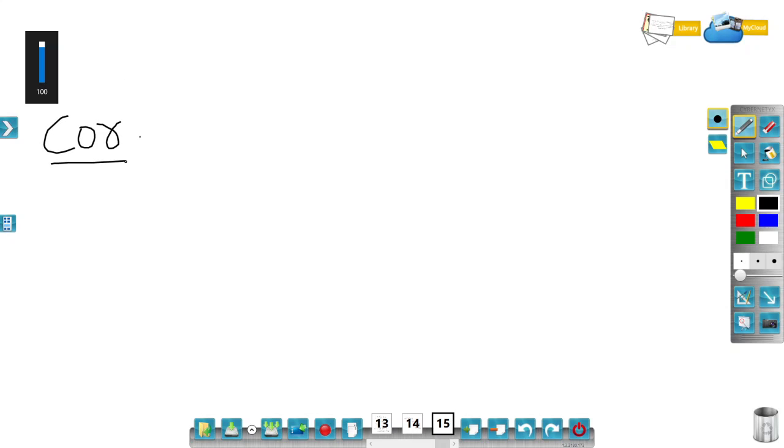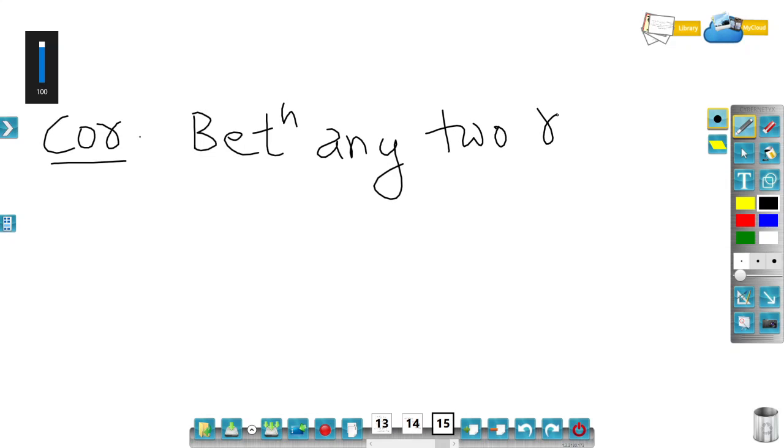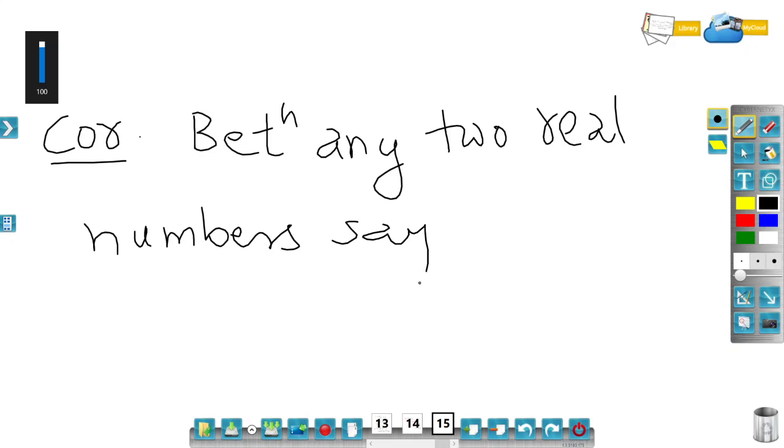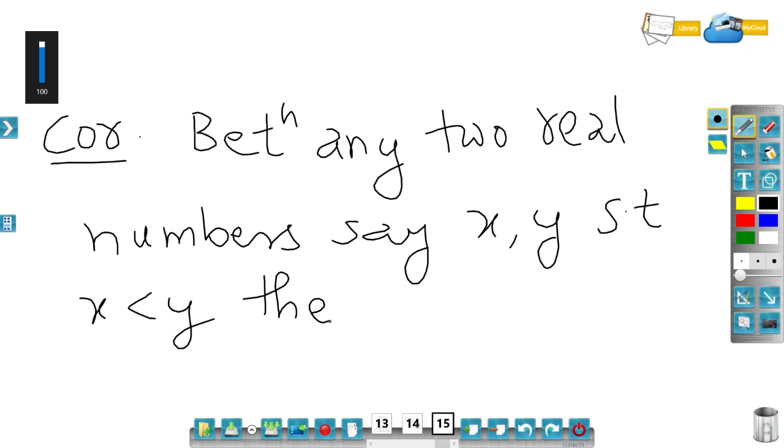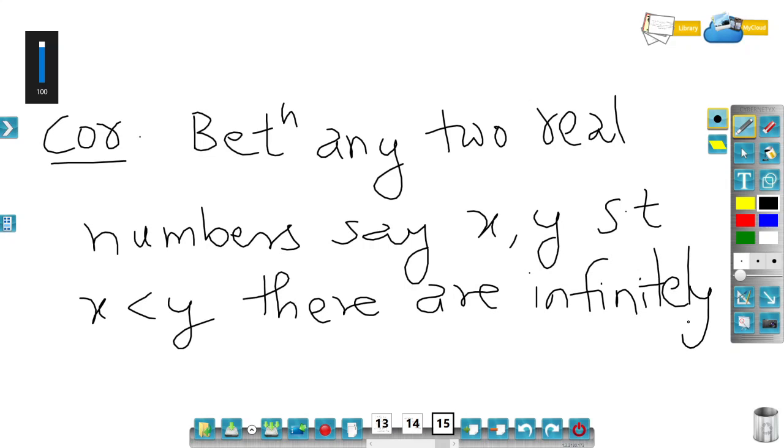Corollary: between any two real numbers, say x, y, such that x is less than y, there are infinitely many irrational numbers.